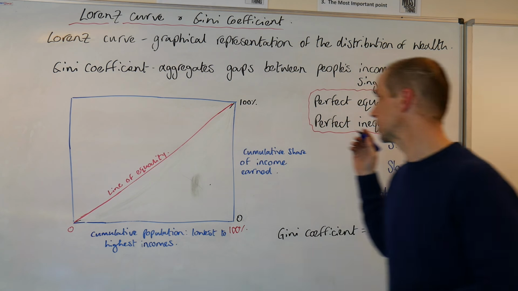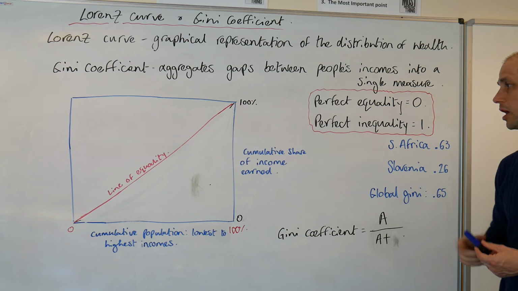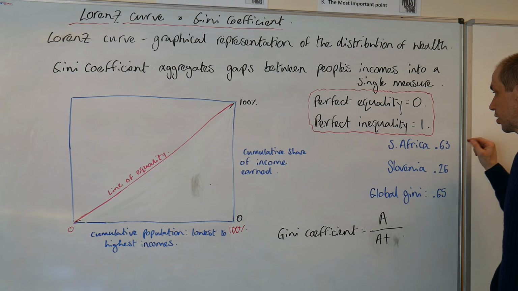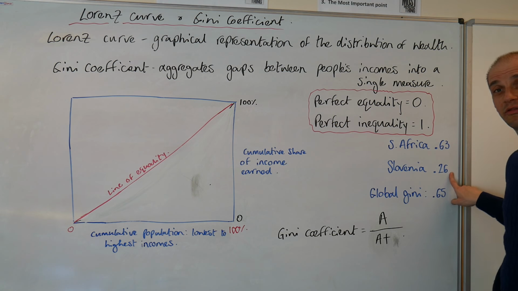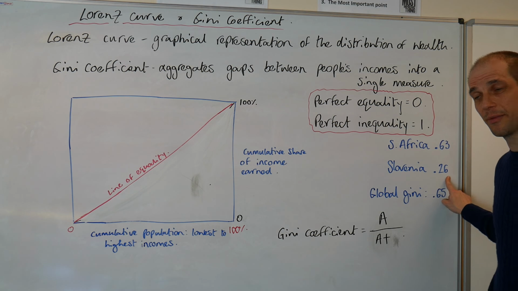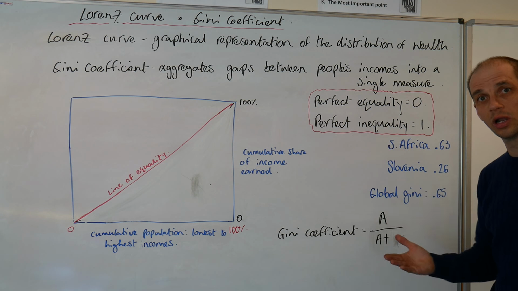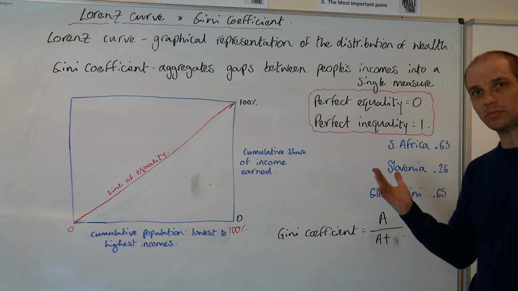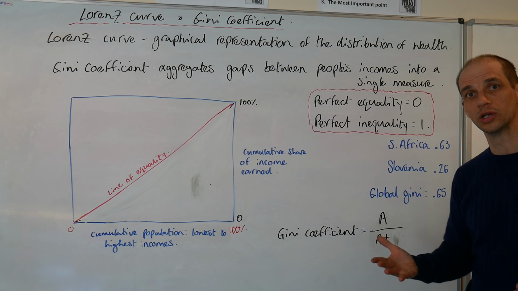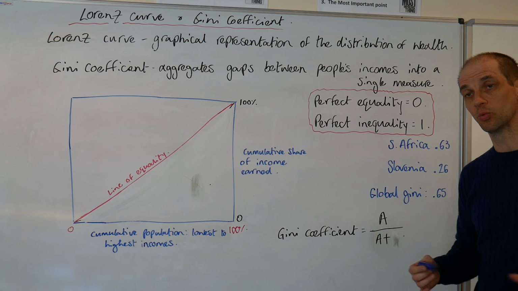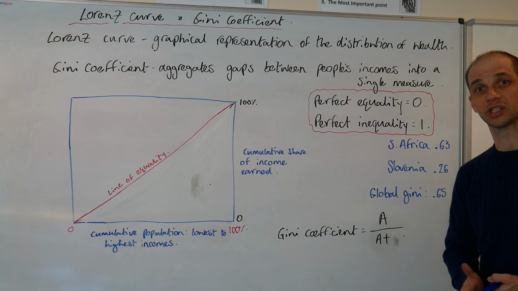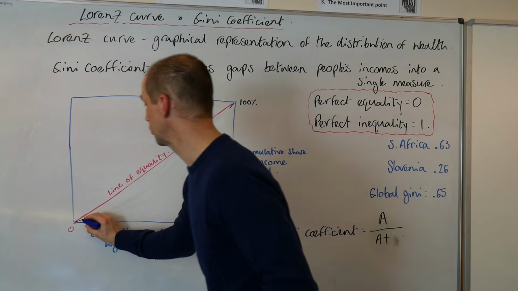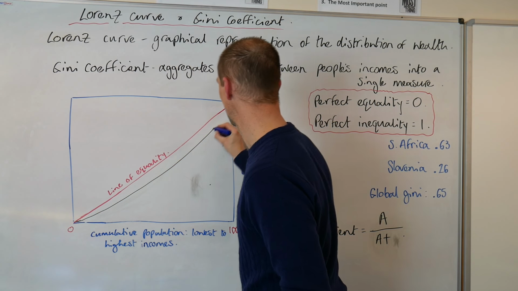Now what's interesting to consider is the different countries that have differing inequalities. For instance, Slovenia has a very low level of inequality at 0.26, whereas South Africa has the worst inequality in the world at 0.63 on the Gini coefficient. We could represent these two countries.